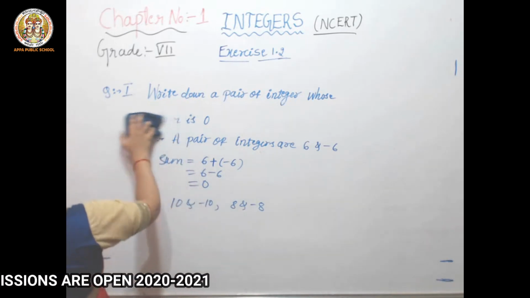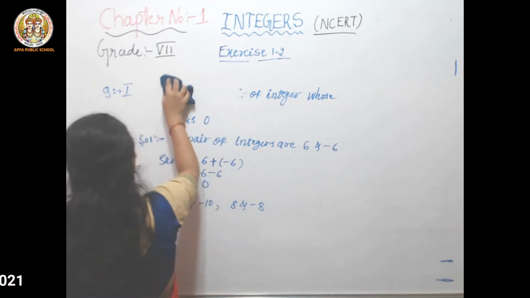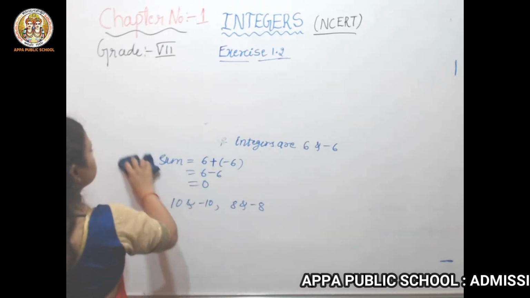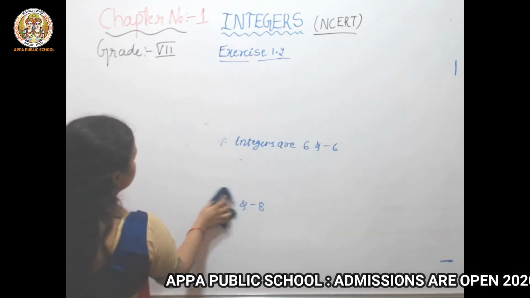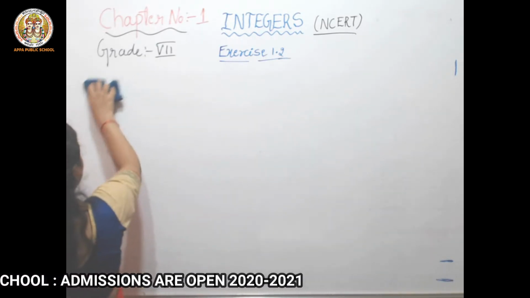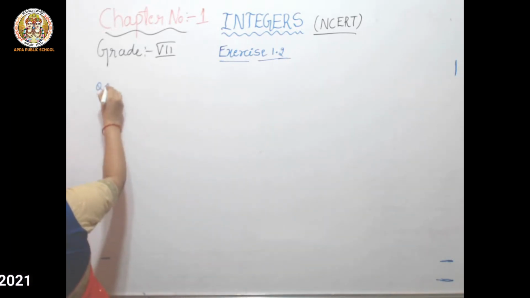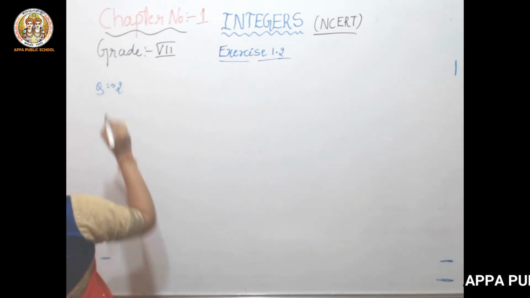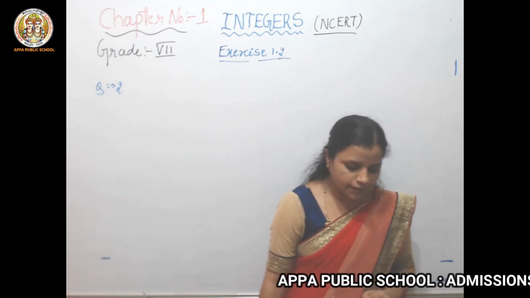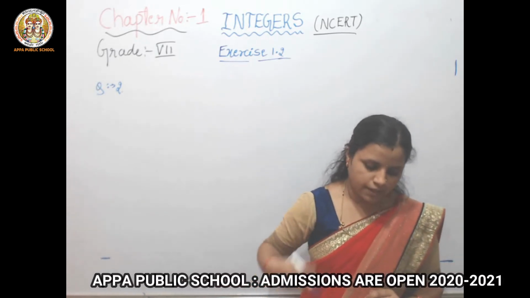The second question asks, what is the second question? Write a pair of negative integers whose difference gives 8.